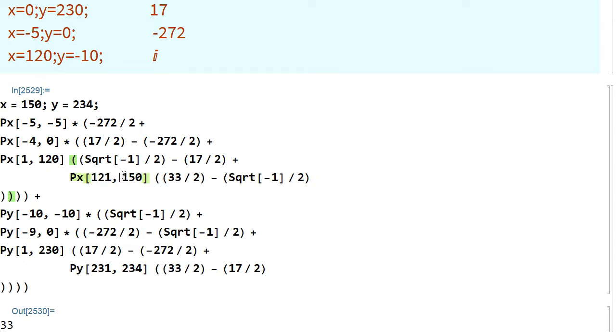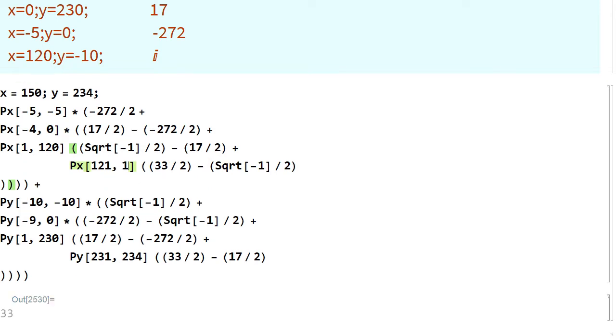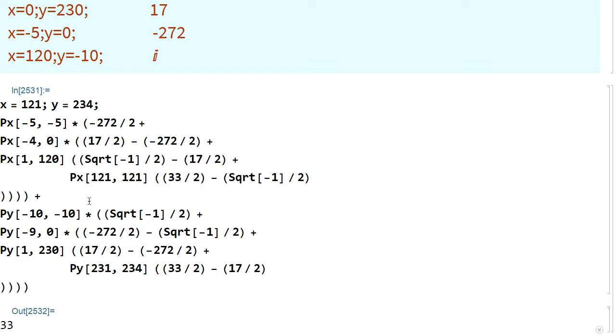You can have 121 itself if you wanted to. If I change this to 121, that's greater than 120. So I just changed that to 121, and I still get 33 because now it's adjusted to that. So that's the only kind of weird thing about it, but how hard can it be compared to other methods out there?